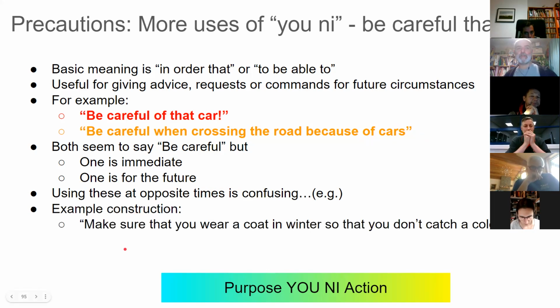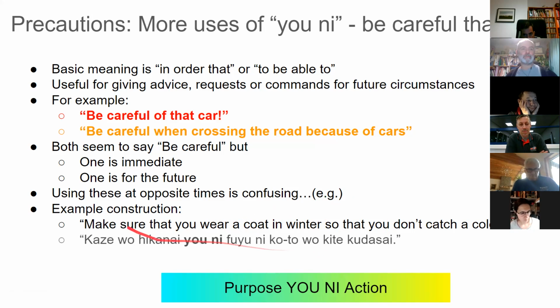But let's do an example construction. Please make sure that you wear a coat in the winter so you don't catch a cold. So, for example, how can we do this? Let's do this as tameni first. So, fuyu ni kaze... Oh, we can't because it's a negative. You can't use hikanai tameni because you can't put a negative next to tameni.